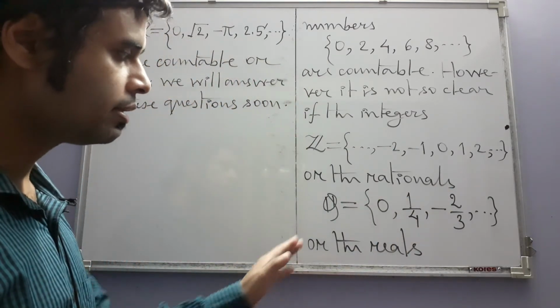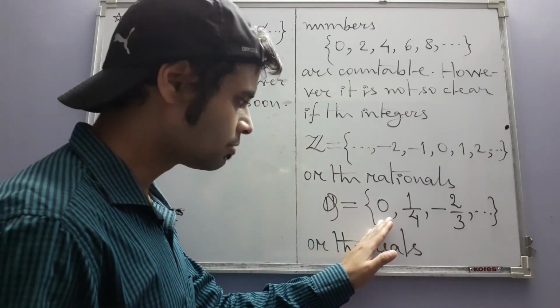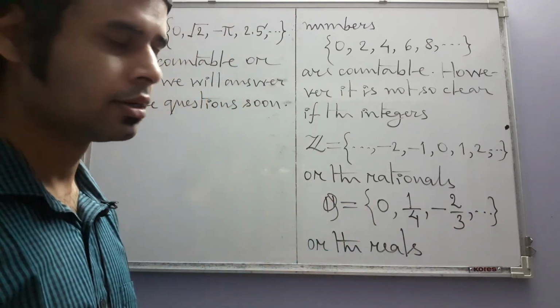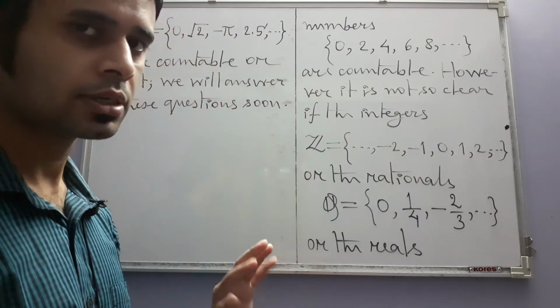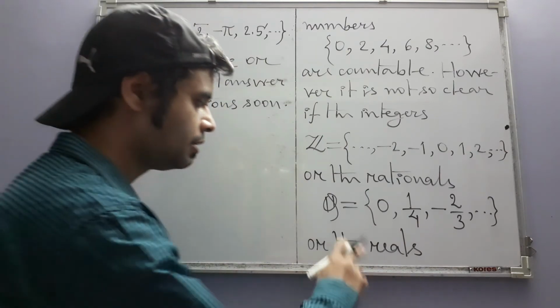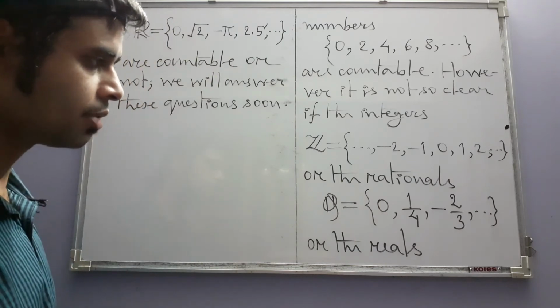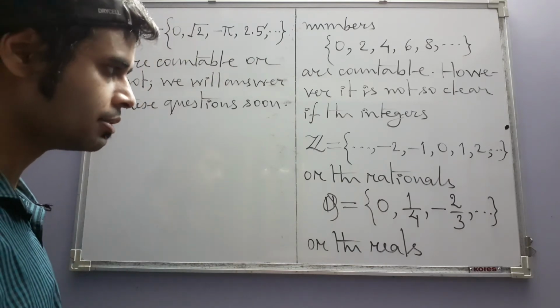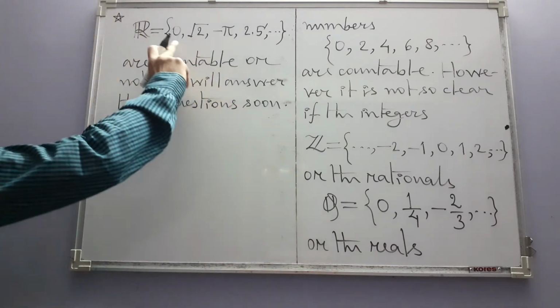So you quickly realize that this type of writing is simply not possible here. Here it is somewhat possible using 2 instances of ellipses. Here however that's not possible. So it's a very poor way of writing the set of rational numbers, and when you go to reals things become absolutely the worst.